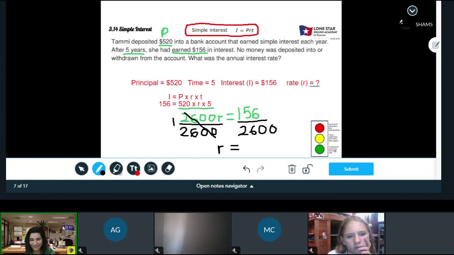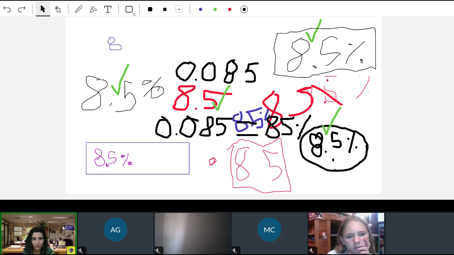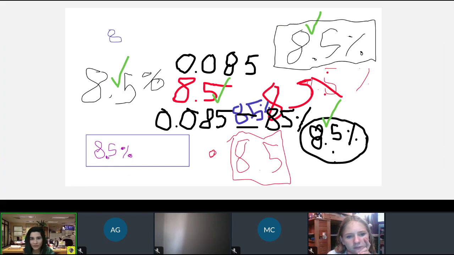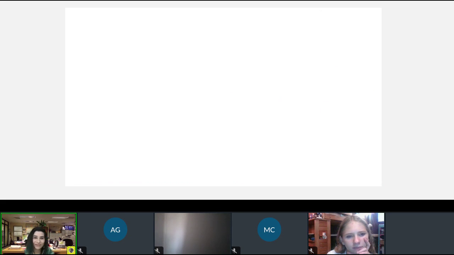So let's go ahead and divide. 156 divided by 2,600. We will do it on a whiteboard. So the numbers were, and we need to clean the whiteboard. Yes, Ben, that is true. And this is a skill we all need to know. We are not allowed calculators in 7th grade.